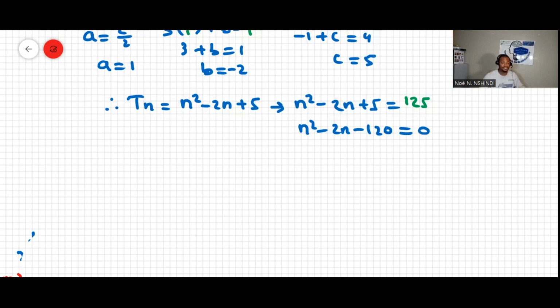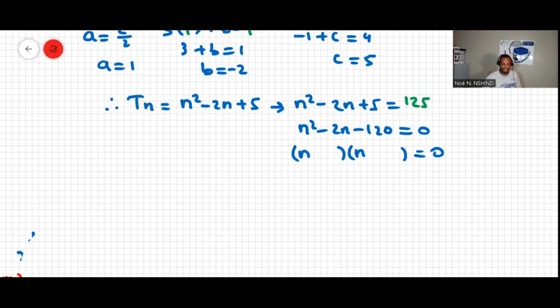Now over here we can use a quadratic pattern. This is a quadratic trinomial. We can use the quadratic formula, or we can factorize.